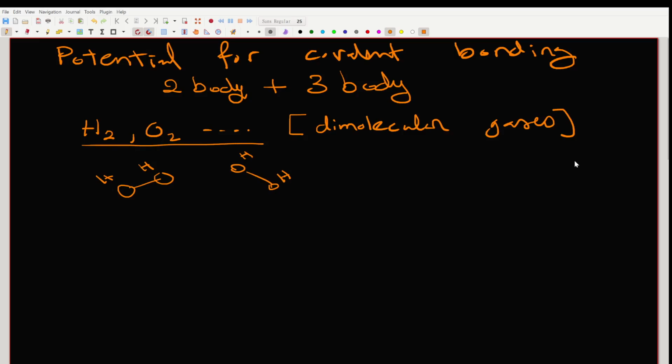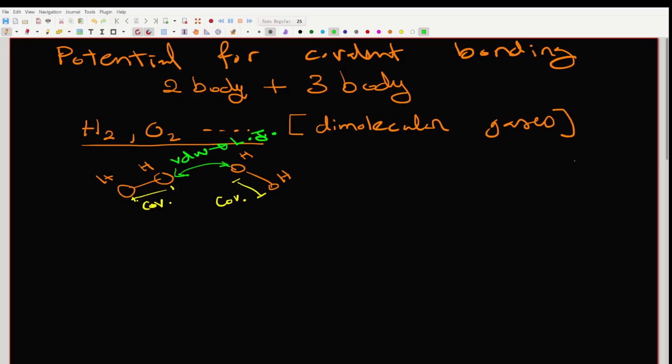The simple physical picture is that within each molecule we have a covalent bond. But between two molecules, it's not a covalent bond, of course, but there is some sort of two-body interaction, and it's not Coulombic. The only type of interaction you get between two atoms in different molecules is some sort of van der Waals-like, which is typically modeled using Lennard-Jones potential, which we covered in a previous video.